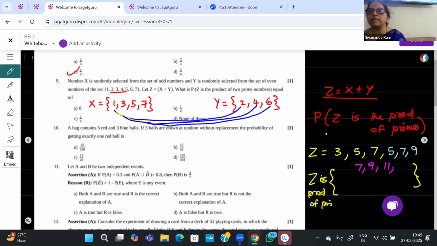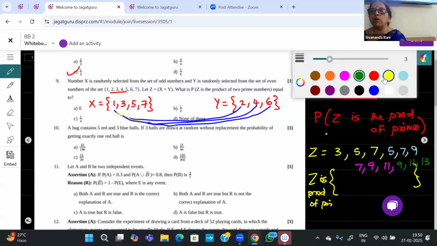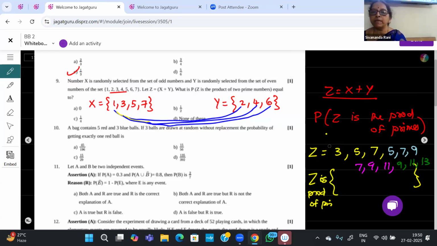The next set: 7 plus 2, 9, 7 plus 4, 11, 7 plus 6, 13. Out of these, I think we have to rule out all the primes, right? Primes are not expressible as a product of primes. So these are out of the scene, 7 also, 11 also, 13 also. So what are the possibilities?